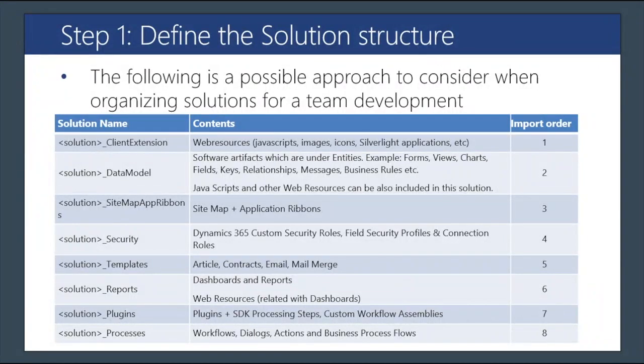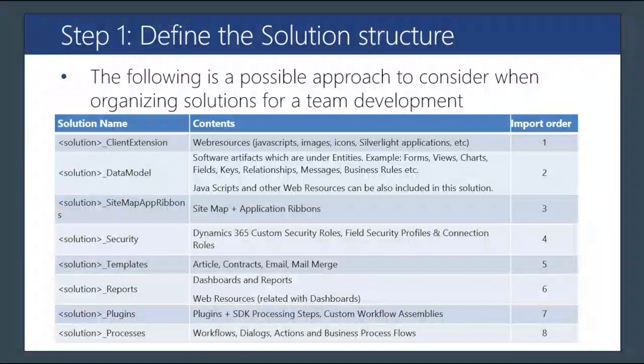In this particular model, what we're doing here is we're saying, okay, we're going to break this up into client extension, data, sitemap and application ribbons, security, templates, reports, plugins, and processes. And then here are the different types of components that are included in those types of solutions.